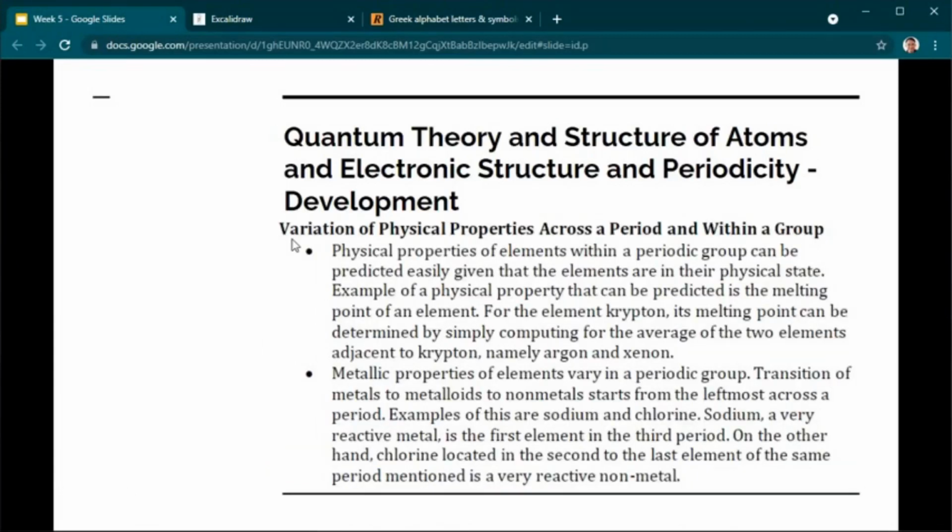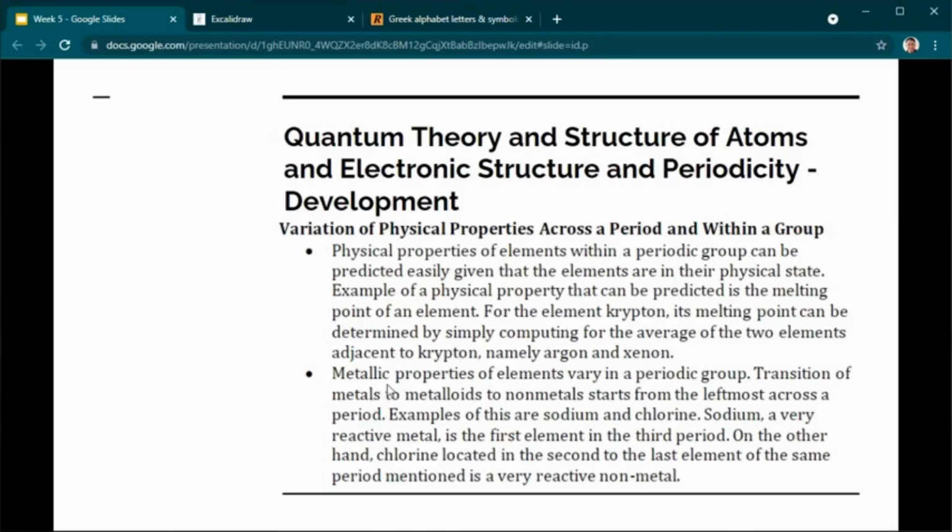Anyway, variation of physical properties across a period and within a group. So physical properties of elements within a periodic group can be predicted easily given that the elements are in the same physical state. An example of a physical property is the melting point. For the element krypton, its melting point can be determined by simply computing the average of the two elements adjacent to krypton, namely argon and xenon.